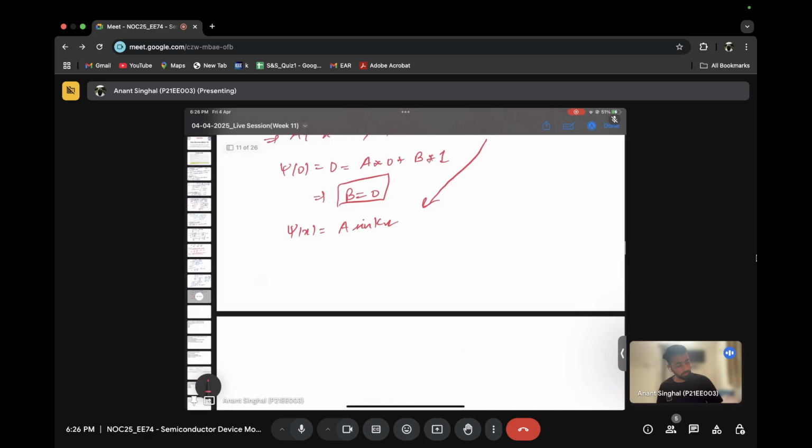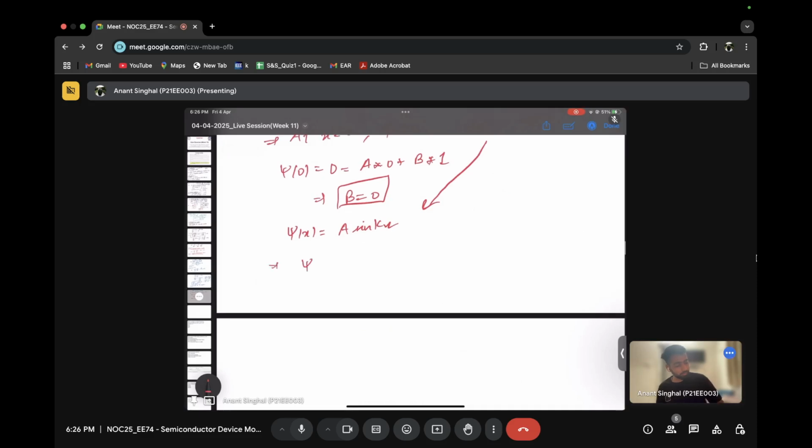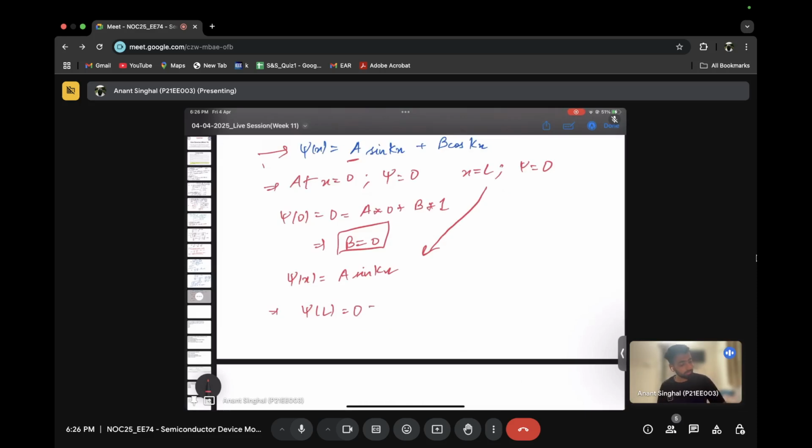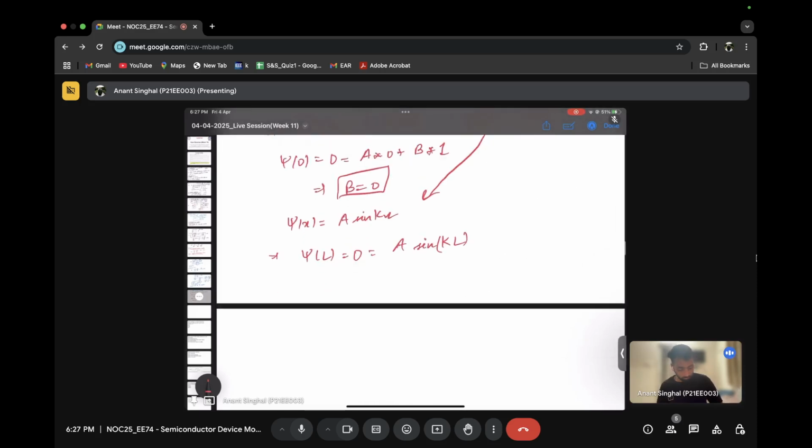So at x equals L, psi is equal to 0, and we have a sin kL. What will be the general solution to this? What will be the value of kL, not even k, to make it 0?